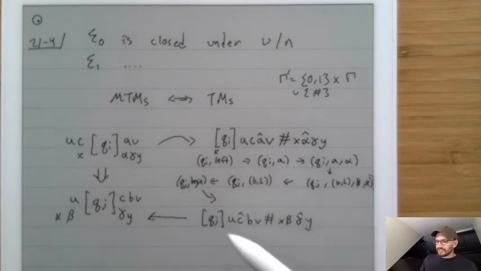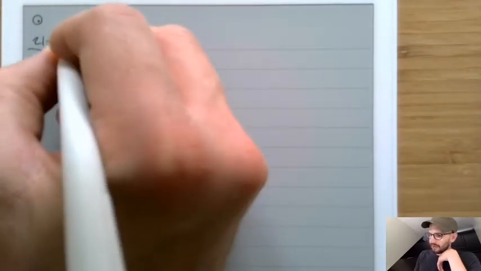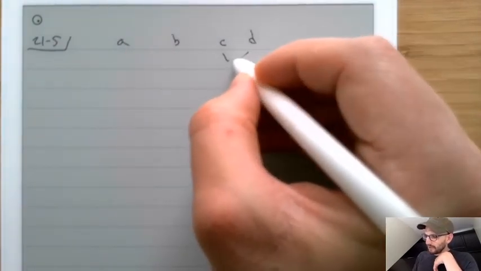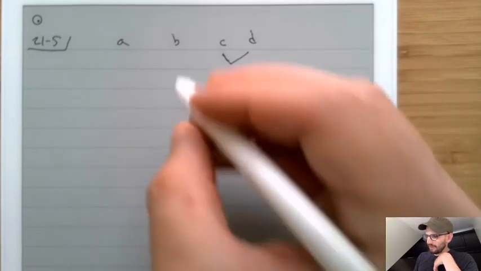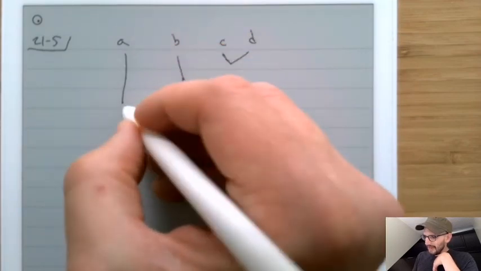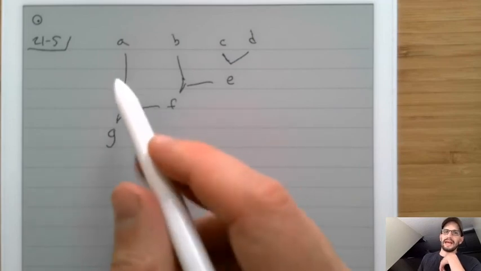And notice that what I've described only works for two tapes, but clearly an elaboration of this could exist for an arbitrary number of tapes. Or what you could do is combine the tapes over and over again. So for instance, suppose you wanted a machine that had four tapes, A, B, C, and D. What you would do is combine C and D into one tape, and then combine B and that into one tape, and then combine A and that into one tape, and now you have one tape that has multiple things in it.